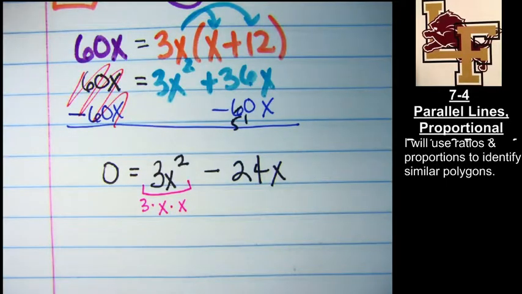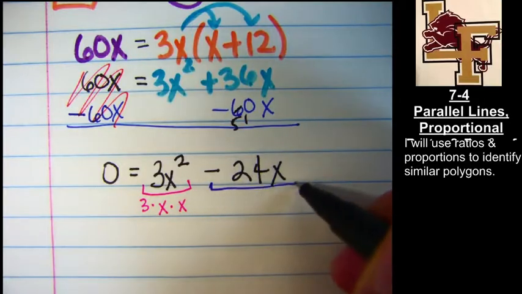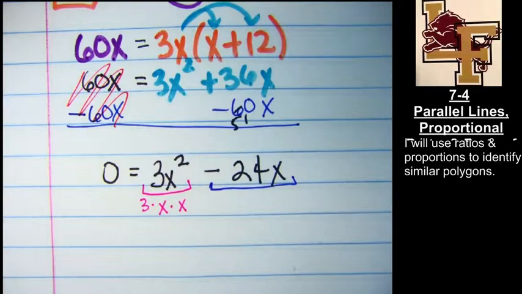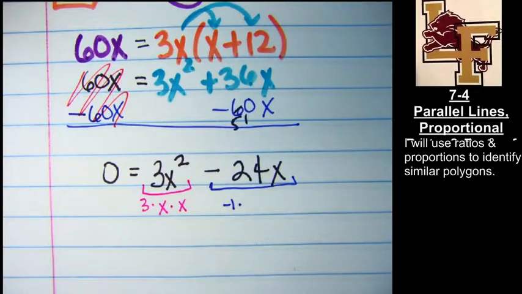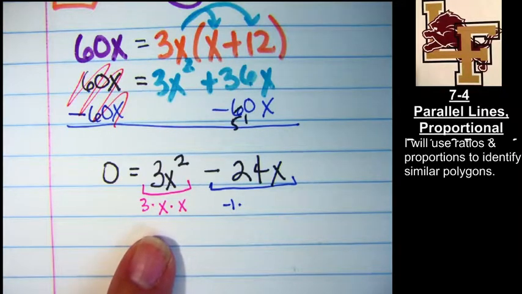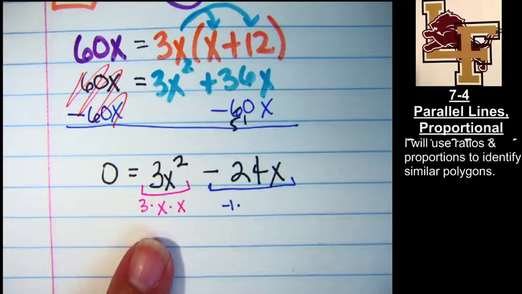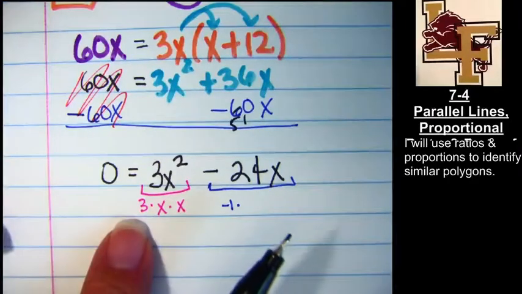All right, next I'm going to find all the factors of negative 24x. I'm going to think of that negative as negative 1. So now I have 24 to deal with. I could just write 24, but I want things that match with the factors of the other number I just worked with. So 3.